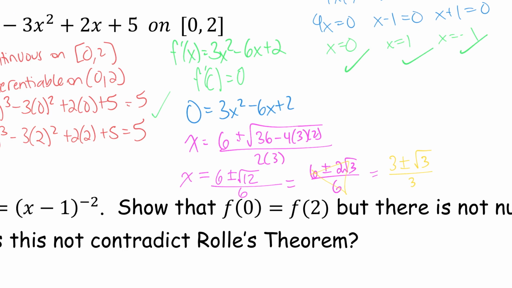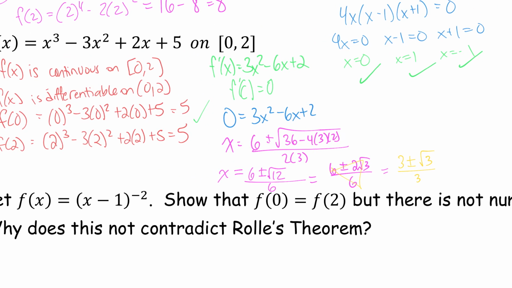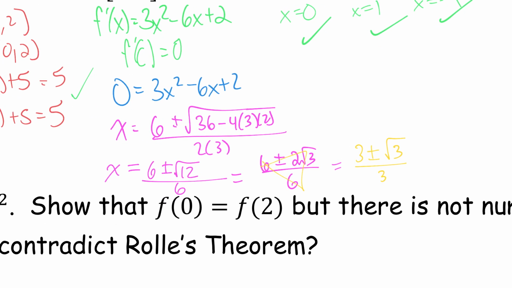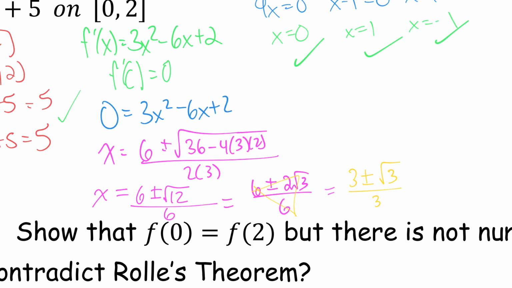And we want to double check that that's all on our interval. That's kind of hard to tell, but if I have 3 plus 1-ish divided by 3, that's going to be a pretty small number, and 3 minus 1-ish divided by 3 will also be a small number. So it should be between our 0 and 2, which is important.